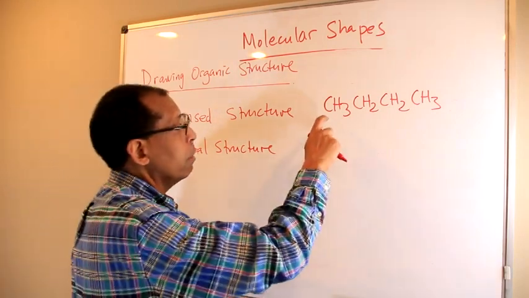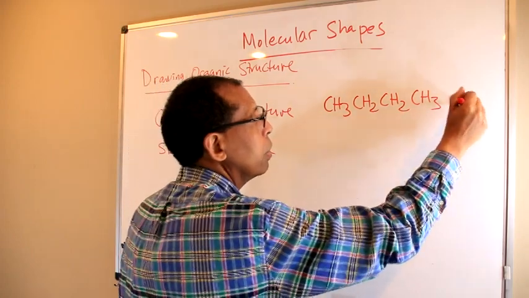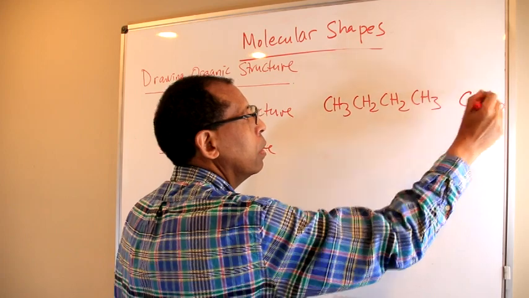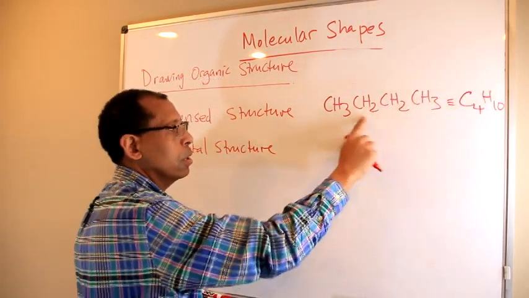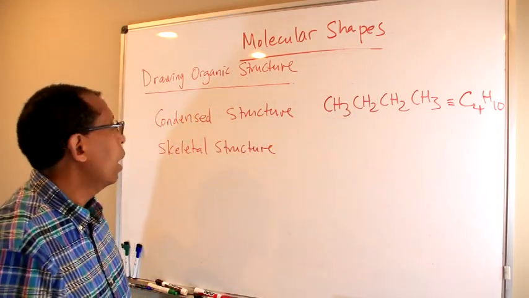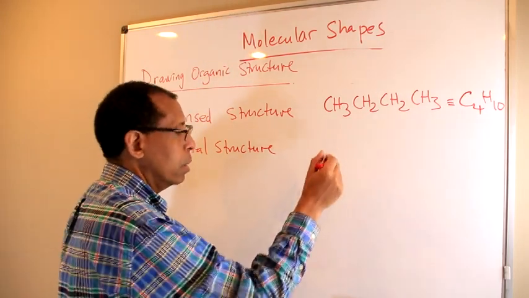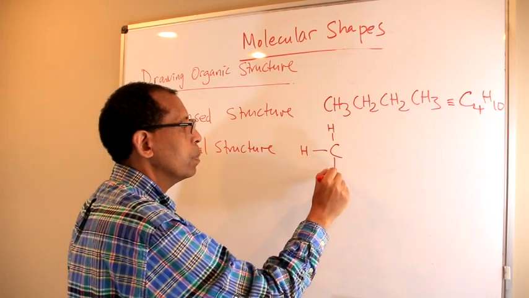If we put it in a formula, this would be C4H10, I believe. That's a formula. This is a condensed structure for C4H10. What does it look like in skeletal structure? In a skeletal structure, what we call is this.